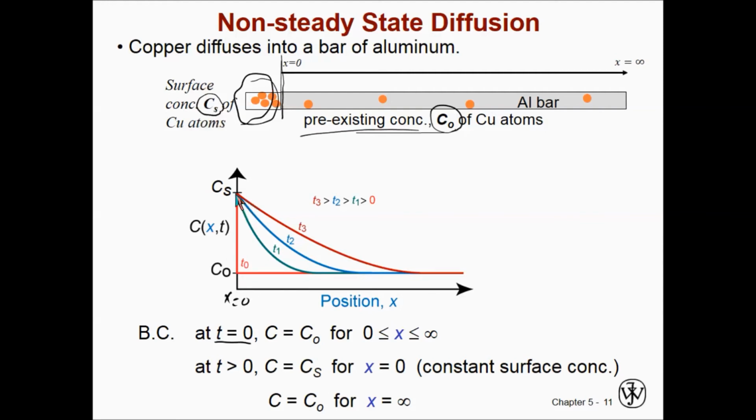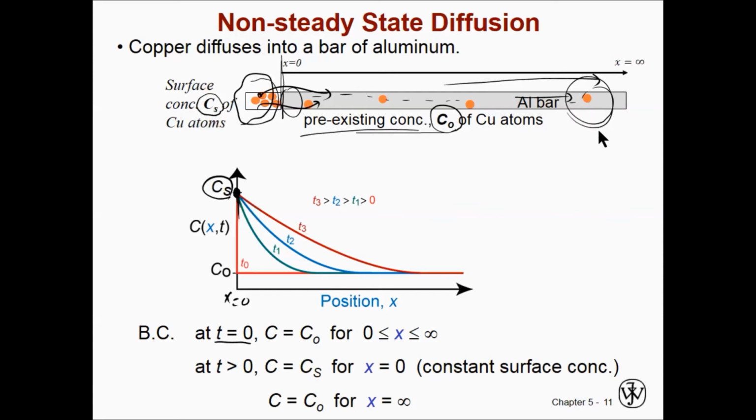When diffusion starts, at the surface, concentration is CS at the start. And when I go deeper into the material, when copper starts to diffuse into the material, it cannot go deeper. So I have more copper diffusing here, less and less. And when I go too deep, to infinity, diffusing atoms will not reach this part.